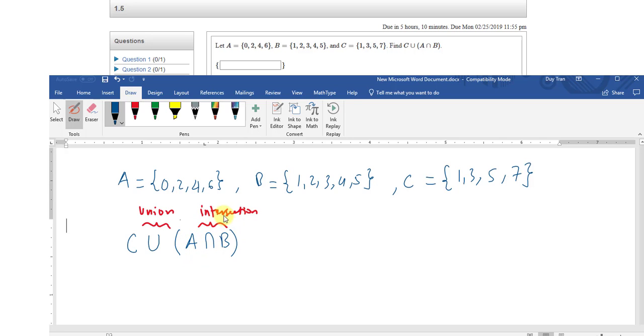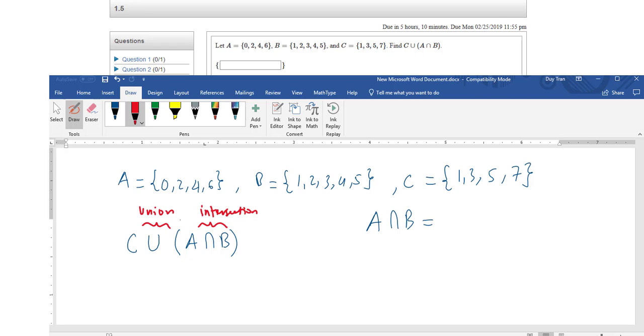A intersection B. The intersection means we find the common terms on both sides, the ones that happen in A and also in B. So let's look at the set A. We have 0, 2, 4, 6. Let's look at the set B. We have 1, 2, 3, 4, 5.